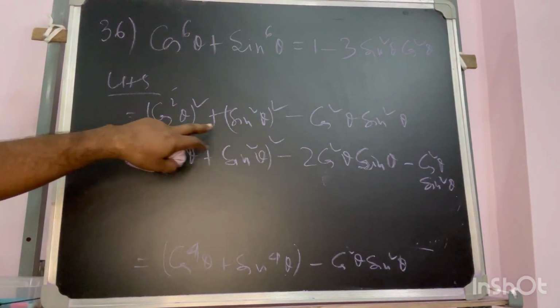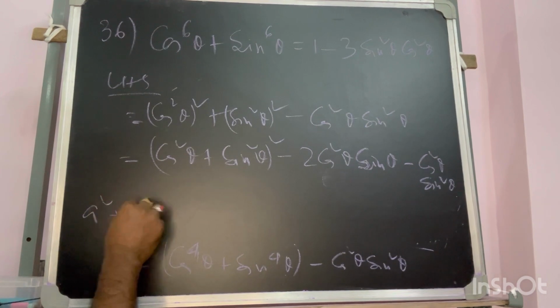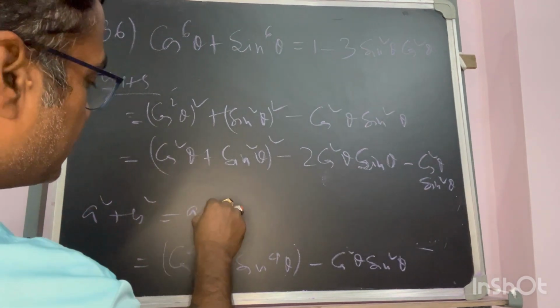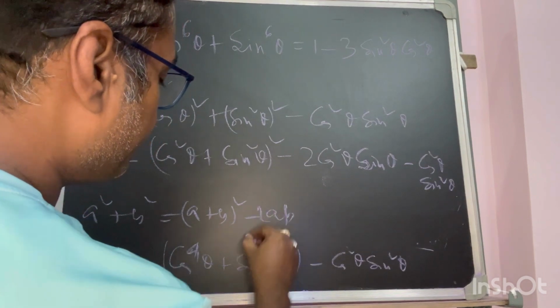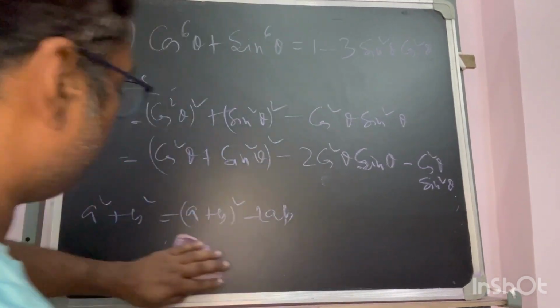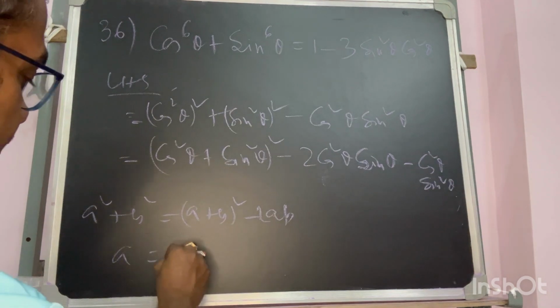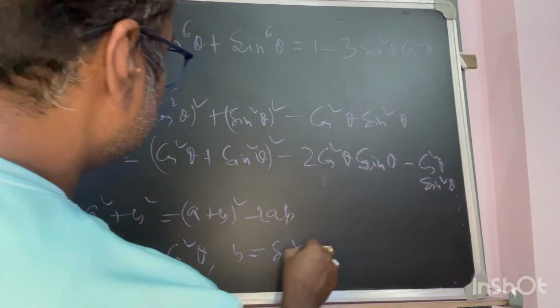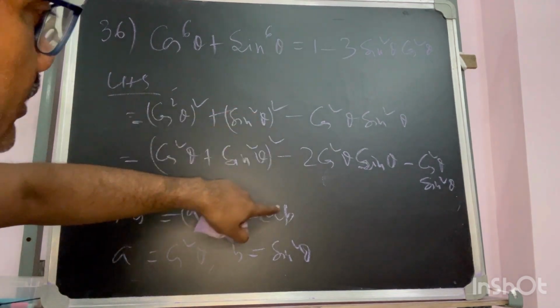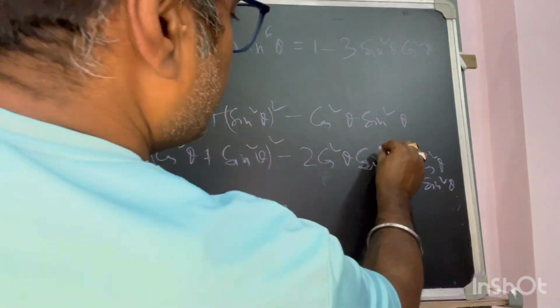Understood? A square plus b square can be written as a plus b whole square minus 2ab, isn't it? So what is a here? A we have taken as cos square theta, b we have taken as sin square theta, so that will be a plus b whole square minus 2ab.